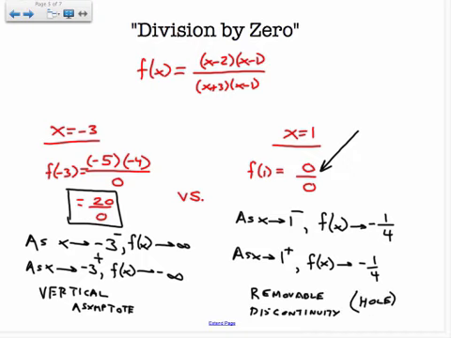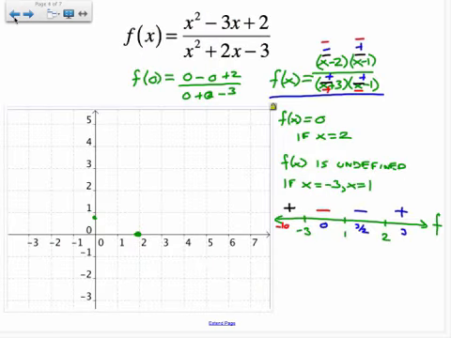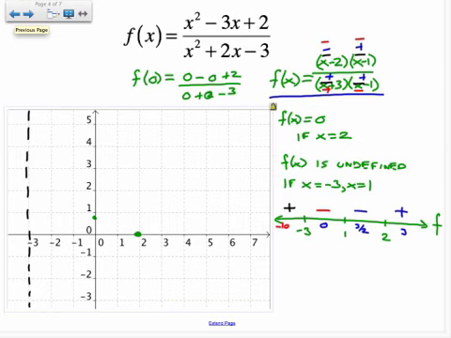So let's go back to our picture now and talk about what we can add to the graph that makes this more clear. Okay? We said that at -3, we have a problem. The function's undefined, right? And I'm going to go ahead and draw a dotted vertical line at -3 to show us there is no y value at that spot. Okay?